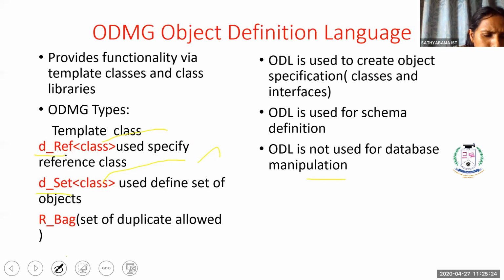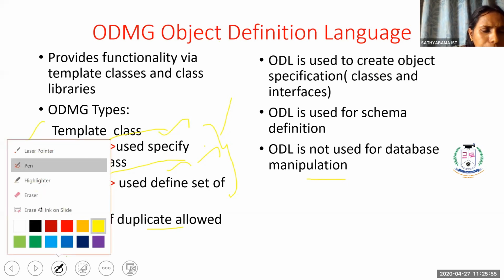Okay, and if you have dbag as well as d-long integer, that will represent duplication, you are allowing the duplication. Certain column values may allow duplicate values also. Okay, so this dereference as well as the dset is going to represent how one entity can be associated with another entity. That is represented by the keywords dereference as well as dset. So that we will discuss with an example. You'll understand better.